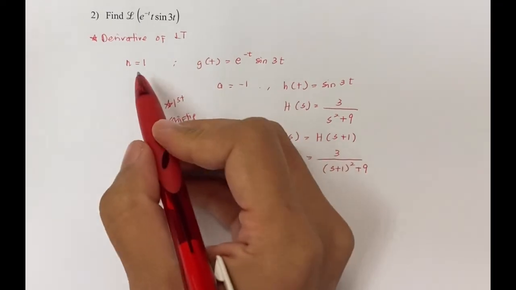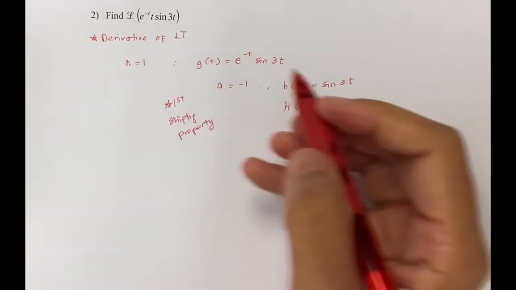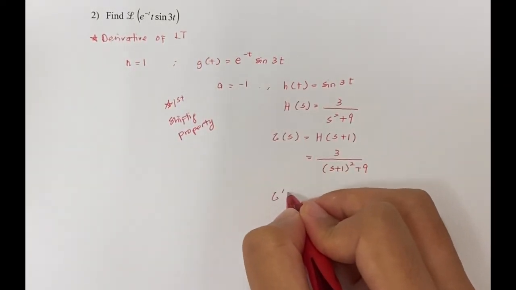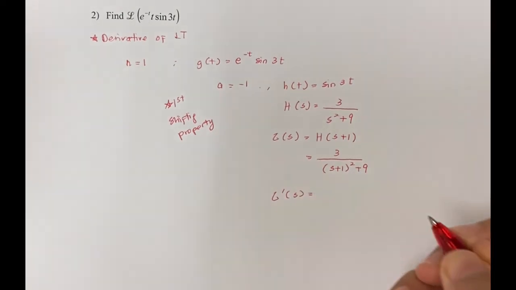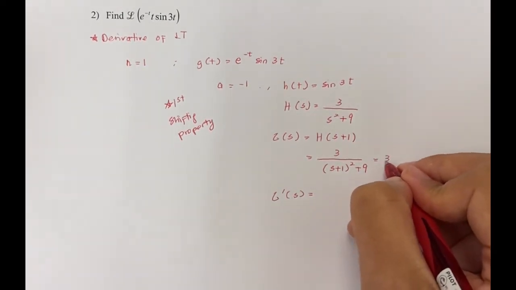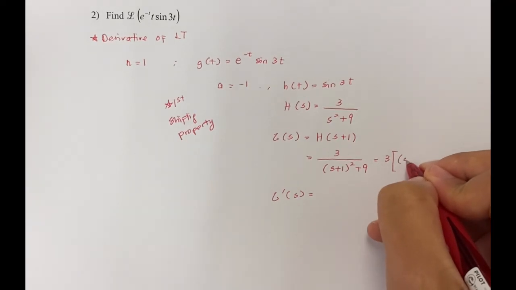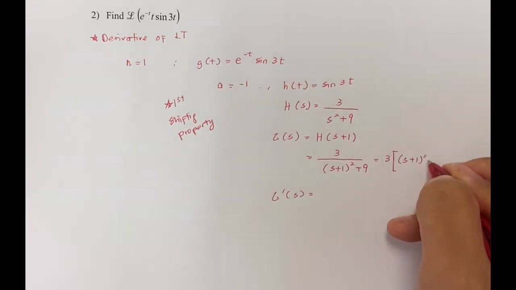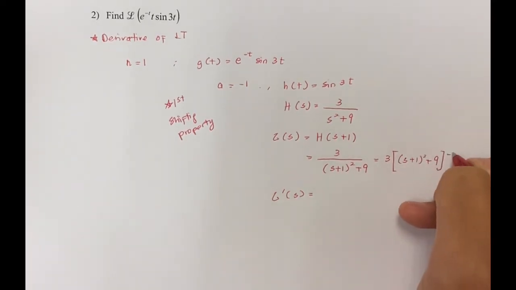I have my g(s) and my n is equal to 1, so I need to find g prime(s). This is equal to 3 multiplied by ((s plus 1) squared plus 9) to the power of negative 1.